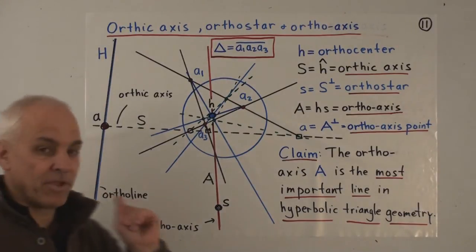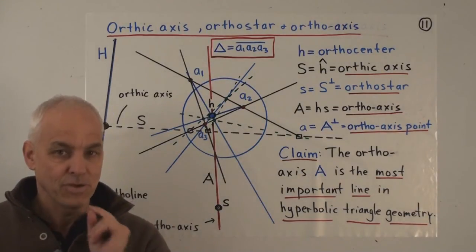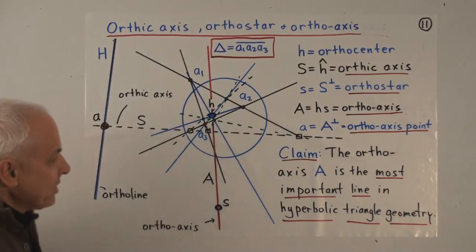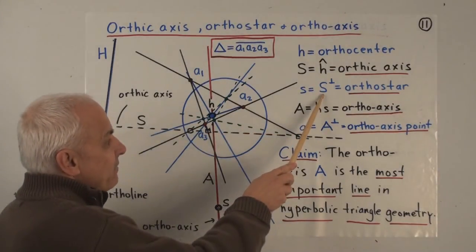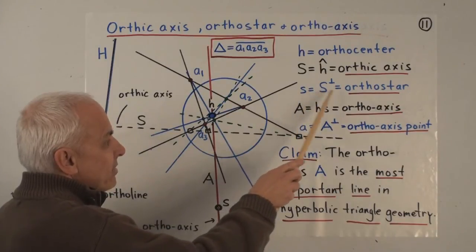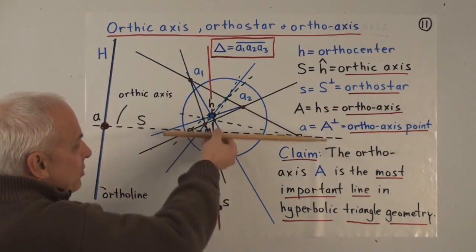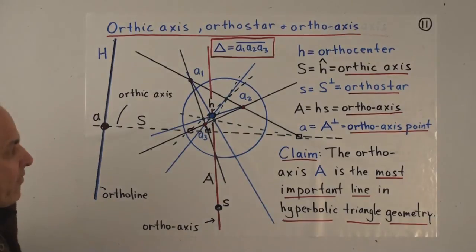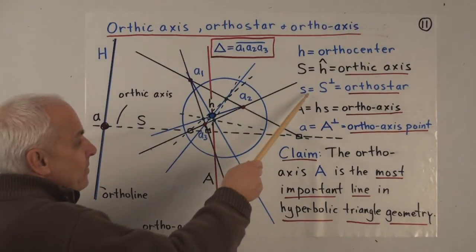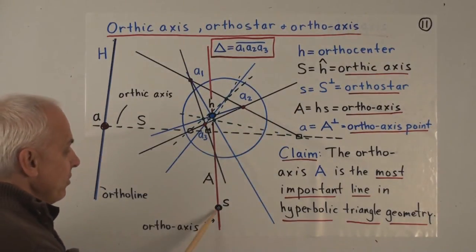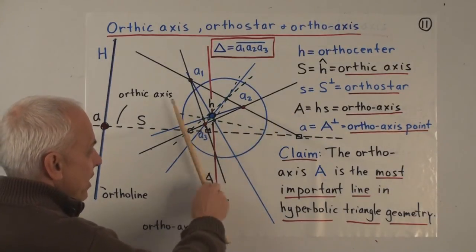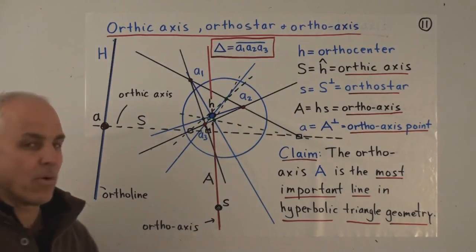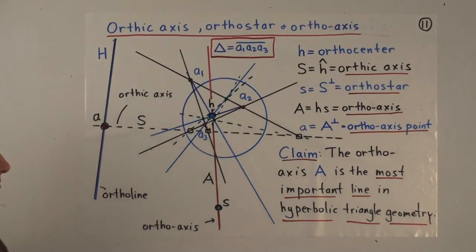But now we can do something that we can't do in Euclidean geometry. We can take this orthic axis and define its dual point S. So this will be called capital S, that's our name for the orthic axis, and its dual point, which will be out here somewhere, in this case constructed by tangents if you like, we're going to call that the orthostar of the triangle.